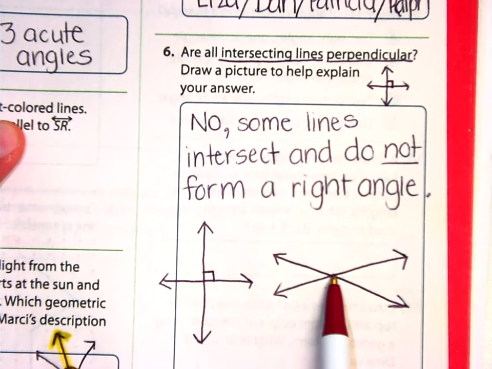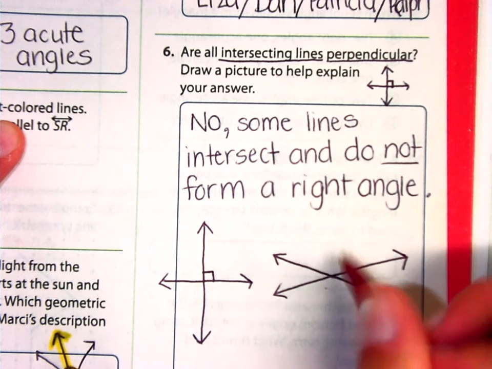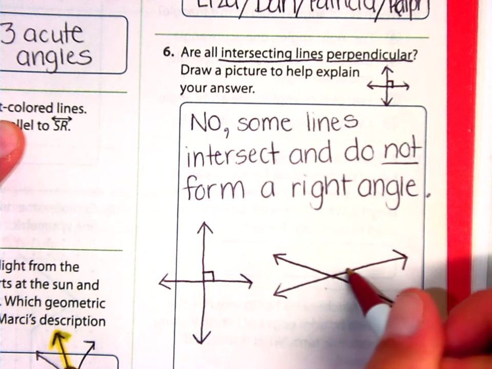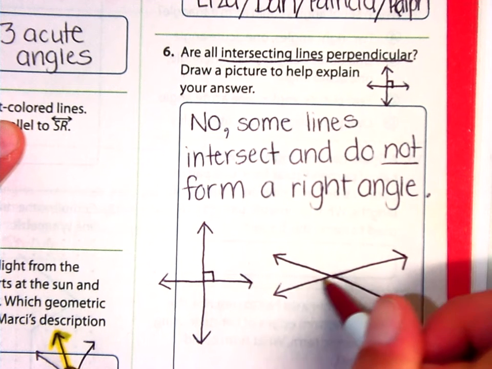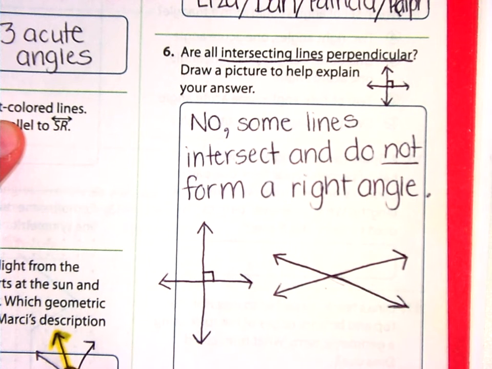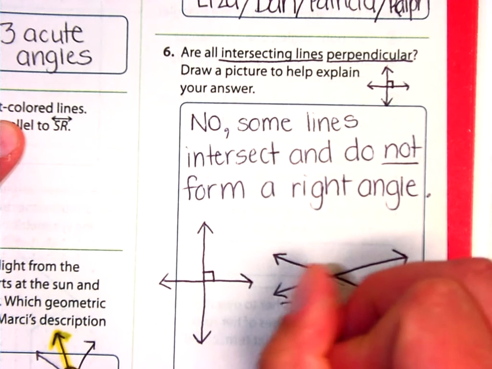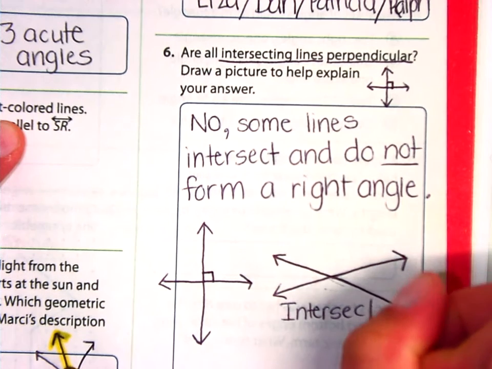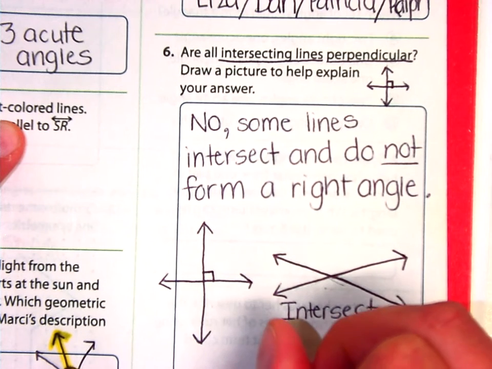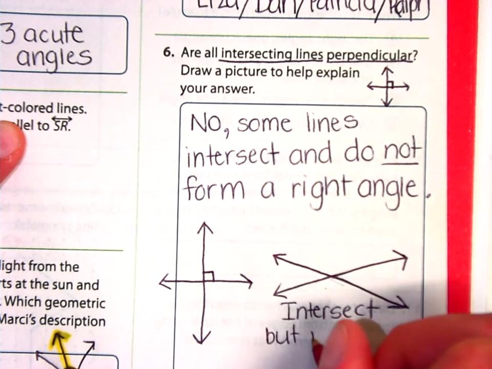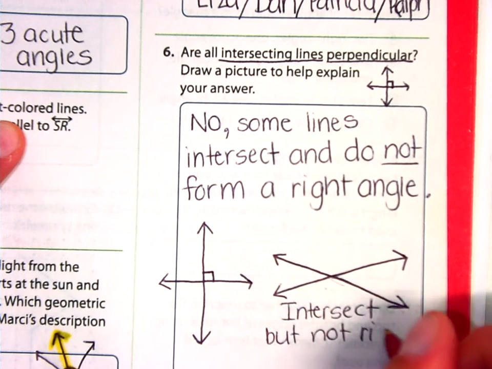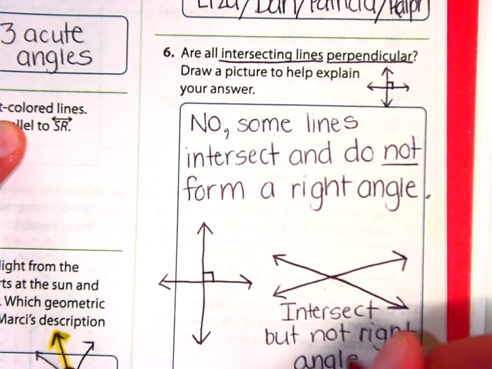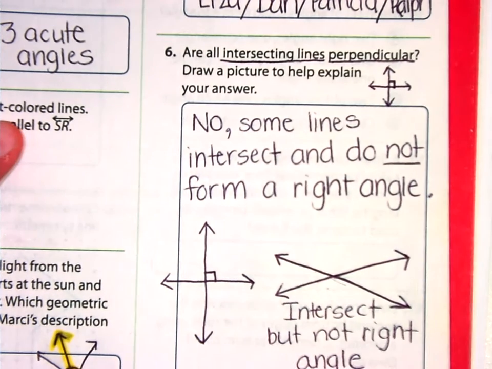They meet, they cross right here. But when I look at the different angles here, here, and here, these are not right angles. So these are intersecting lines, they intersect, but no right angle.